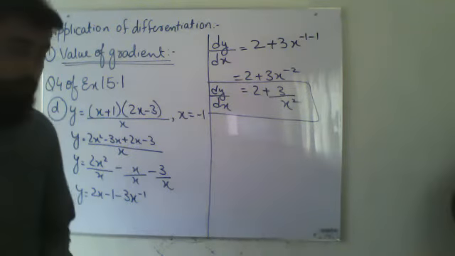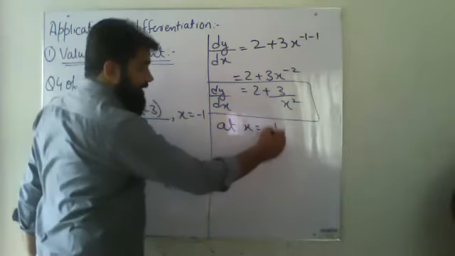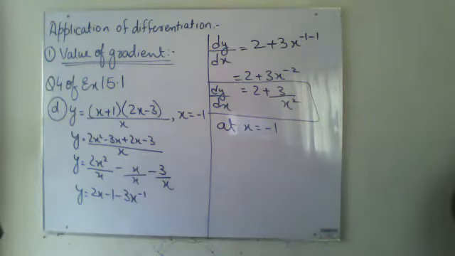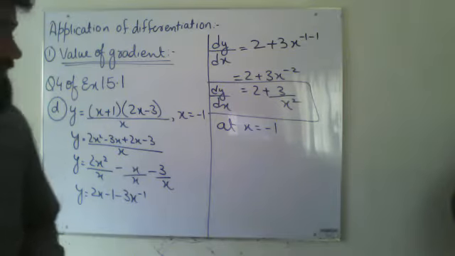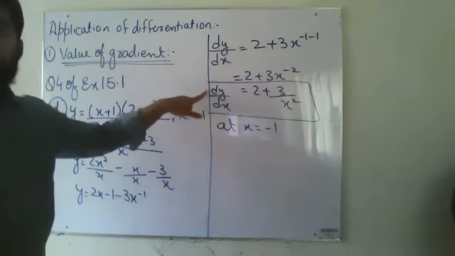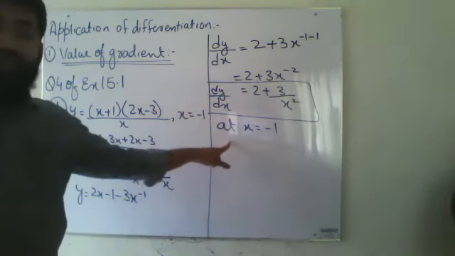Now, at x equals minus 1, because they have told us to find the value of the gradient. This is the equation of the gradient after doing differentiation, and now I'm going to find the value.